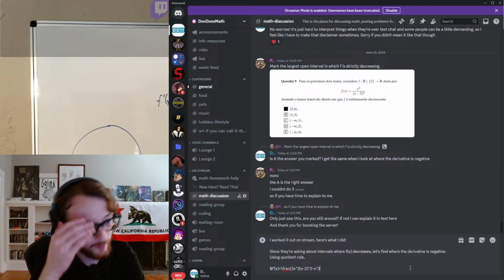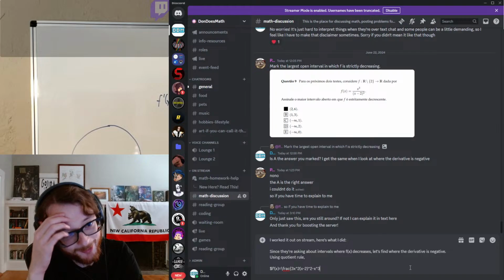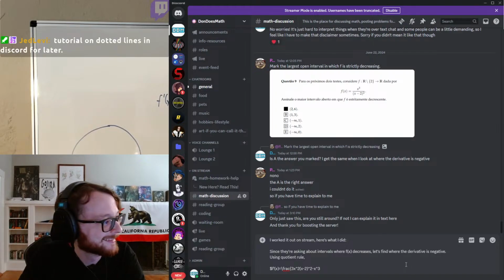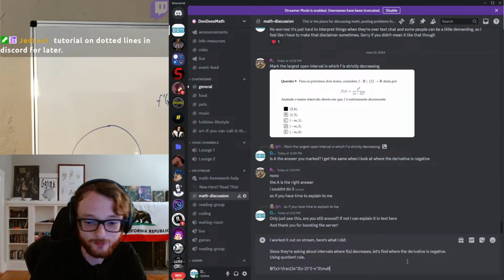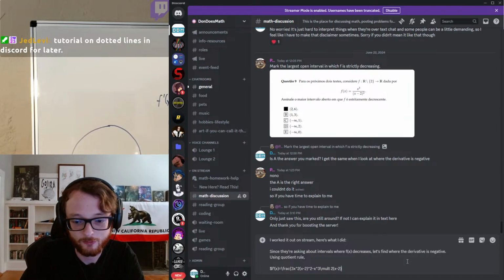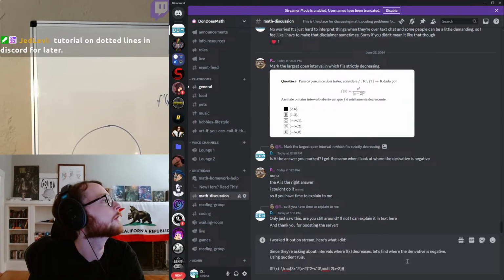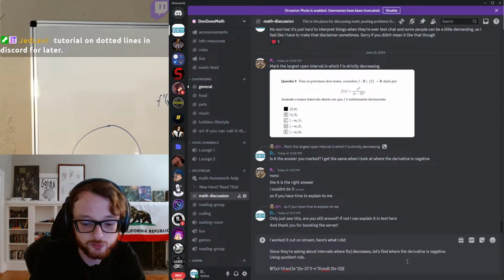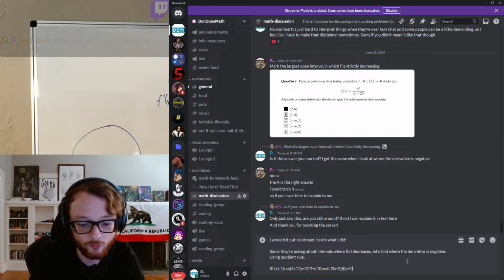How do you do multiplication? Tutorial on the... okay. Is it slash mult? I think it's slash mult. 2x minus 2. I should probably put a space there in case the LaTeX hates me. The denominator is x minus 2 to the 4.